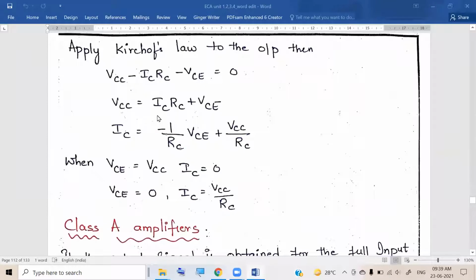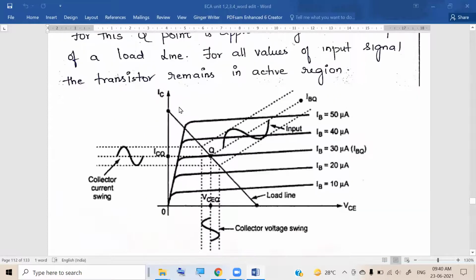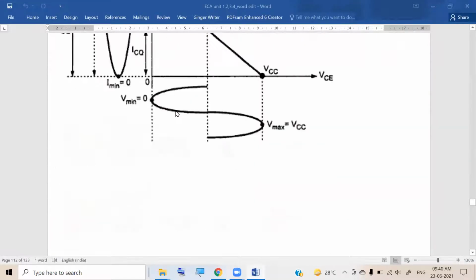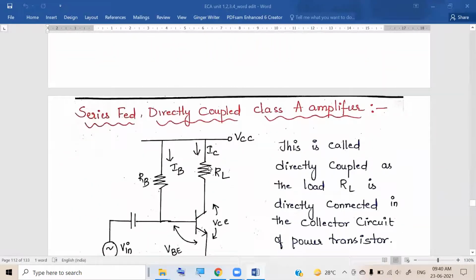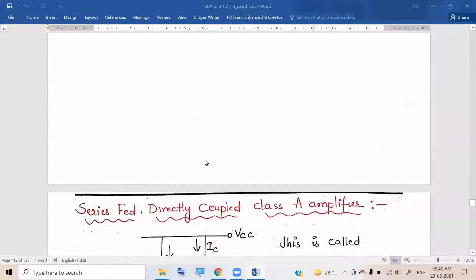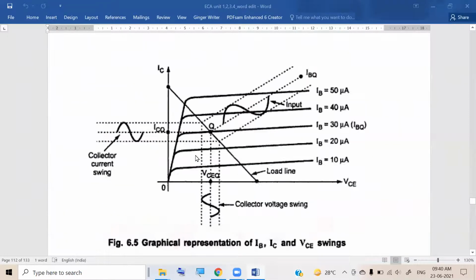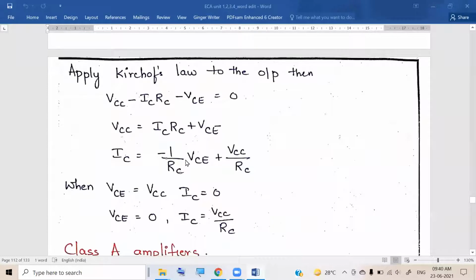Can anybody see this equation and tell me what will be the equation for the transformer coupled amplifier? Anyway, we are not interested in the entire equation. We are interested only in the slope. What will the slope be? Here, we had resistance RC or RL, and the slope we got was -1 by RC.